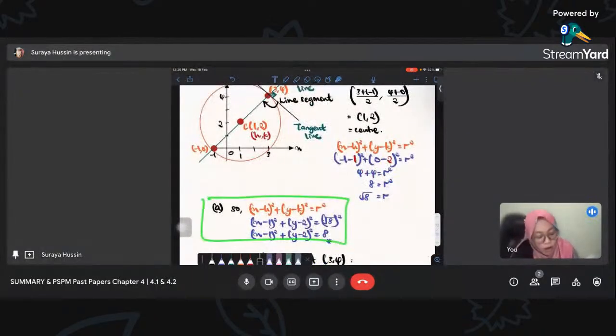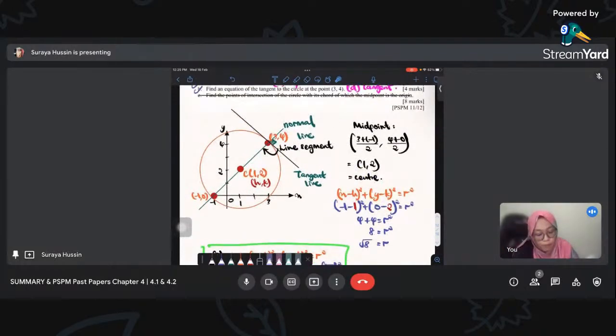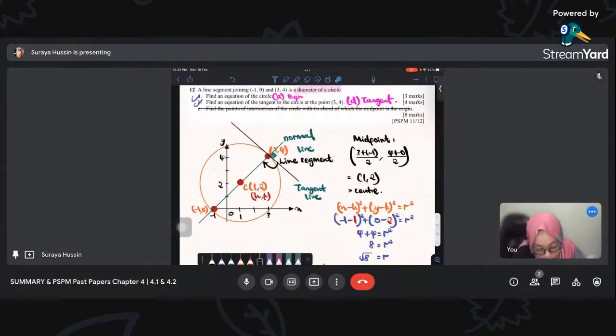In fact we do not have the diameter line, jadi takkan kita nak buat cara yang panjang-panjang tadi. Tak payah buat simultaneous.